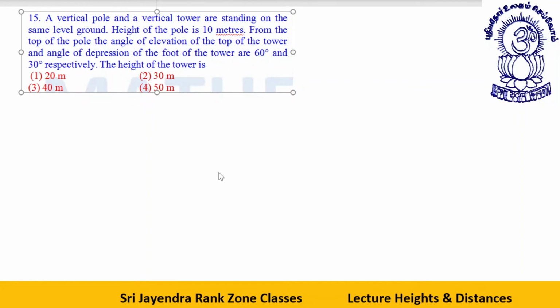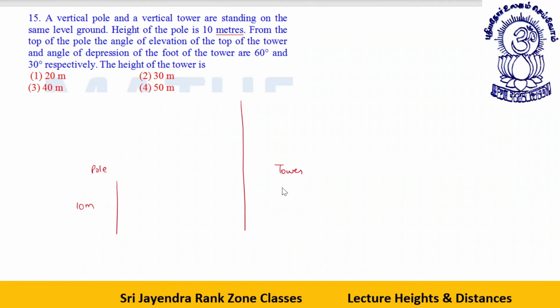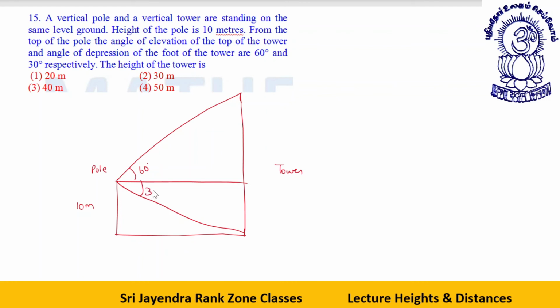The height of the tower is, very good question. See, here you have a pole, 10 meter. This is a tower. We need to determine the height of this tower. The elevation of this top is 60 degree, and the depression of the bottom is 30 degrees.